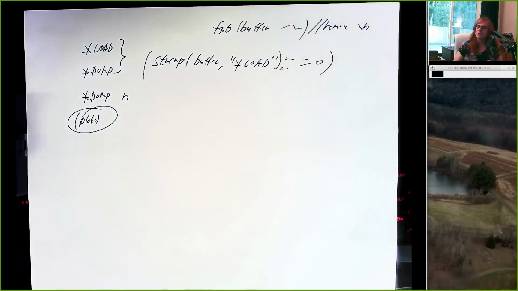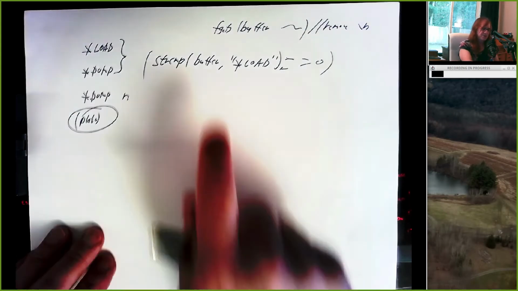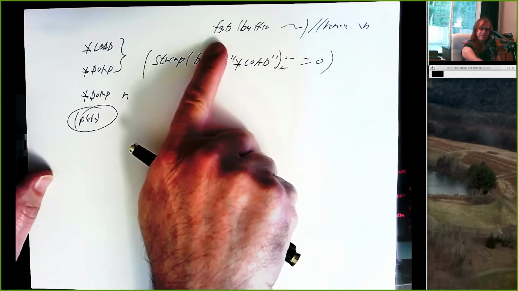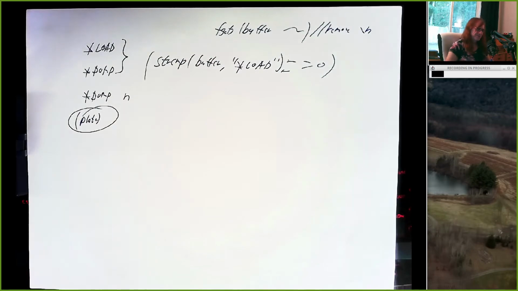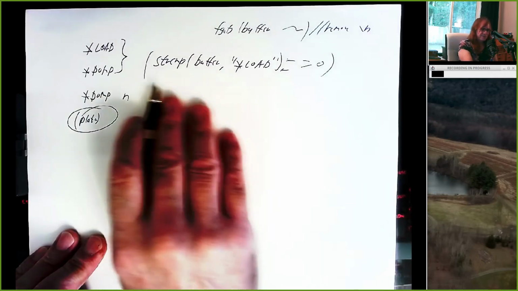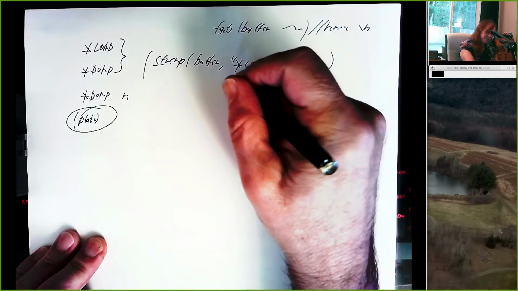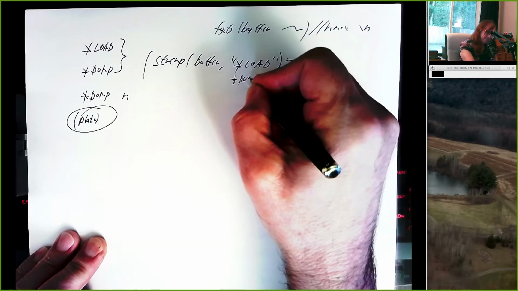And usually if you're going to do a lot of parsing on input that you're getting from fgets, you need to remember there's a new line at the end when you come back from fgets. It's usually easiest just to chop that off, so you don't have to keep checking for a new line in here and so on. So these are very straightforward. Just do a string compare to load or dump.